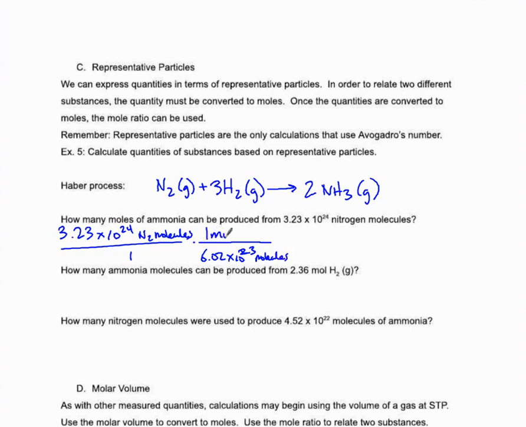And that will tell us moles of nitrogen. Now that we are in moles, we can use the mole ratio, comparing moles of nitrogen and moles of ammonia. The balanced chemical equation tells me that for every 1 mole of nitrogen, I am getting 2 moles of ammonia.